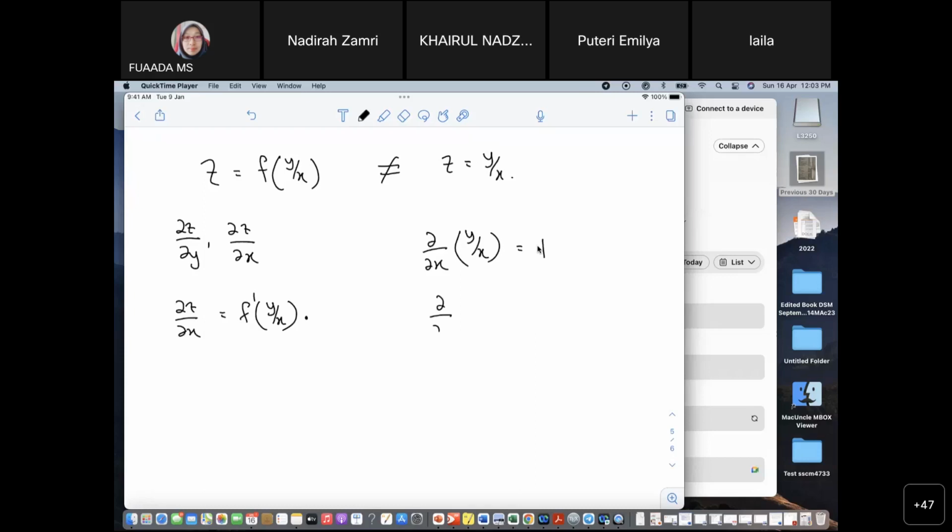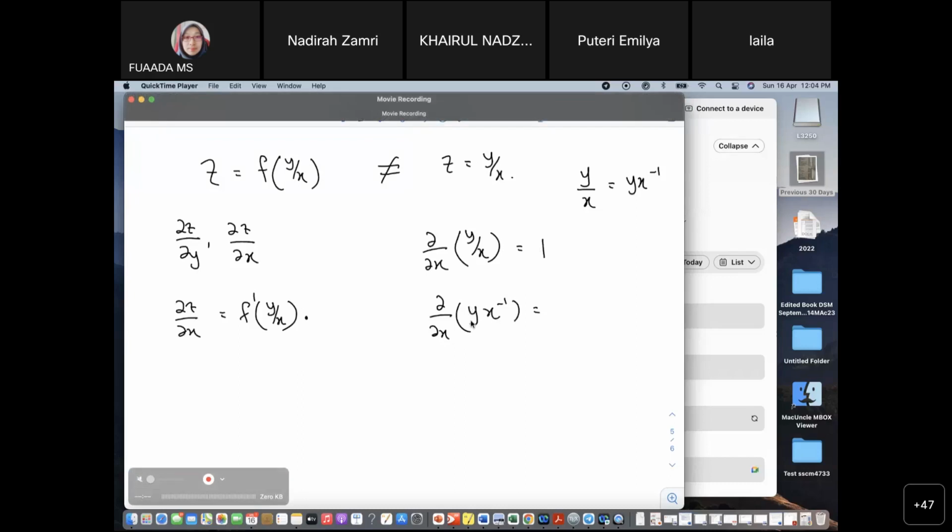Okay, thank you. Actually, y over x is the same as y times x to the power minus 1. Right? So if you want to differentiate with respect to x, del x of this, y constant, so differentiate x to the power minus 1.